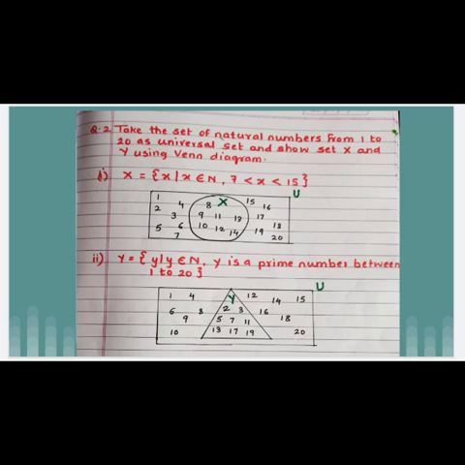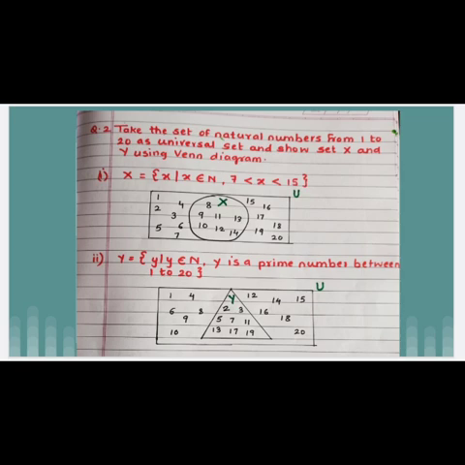Now universal set means what? The set of numbers from 1 to 20. But 1 to 20 में से जो numbers हम लोगों ने set x में represent किए हैं, वो हमें अभी रेक्टेंगल में नहीं दिखाने हैं. तो बचे हुए हम लोग अभी यूनिवर्सल सेट में दिखाएंगे.